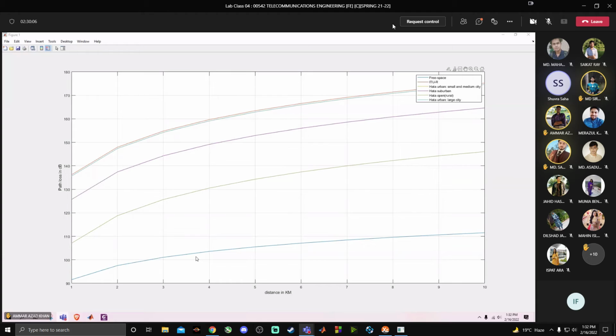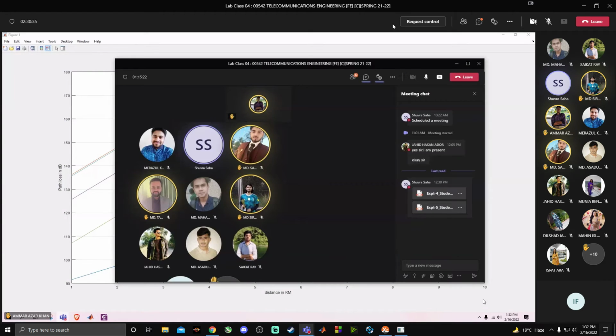Now, if you want to compare between the individual path loss models, logically, free space should give you the minimum amount of path loss, because in the free space model, we do not consider any obstacles, right? We consider totally free space. So only the loss that occurs due to propagation occurs. So free space actually should give you the minimum amount of path loss. That's why the lowest position graph should be for the free space one.